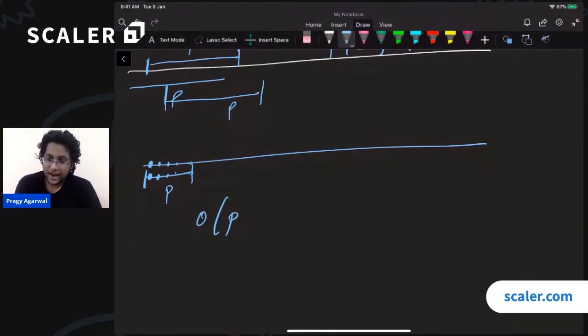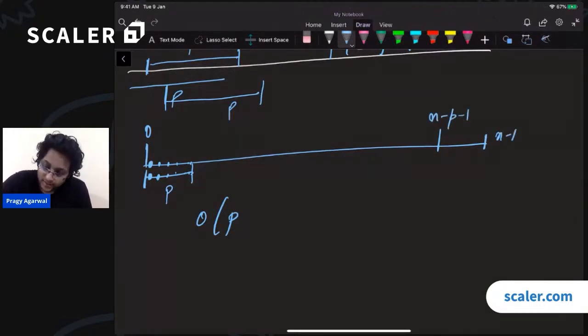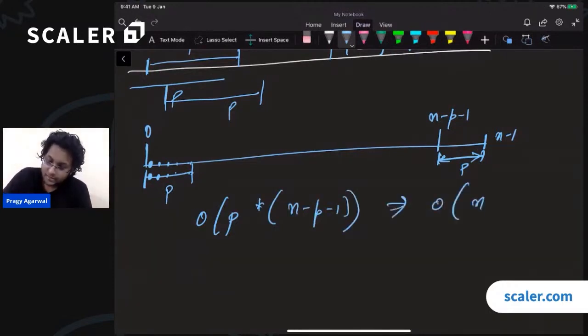We have to start from index 0 and we can go up to index n minus P minus 1, because the last character will be at location n minus 1. So this is the last occurrence where the pattern P could occur. So it will be P times (n minus P minus 1), which is simply order of n times P.